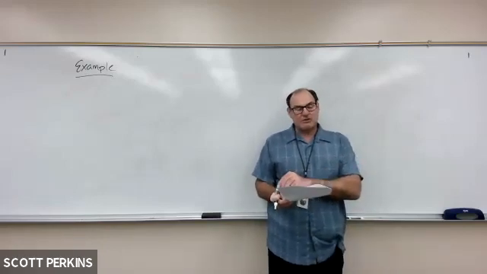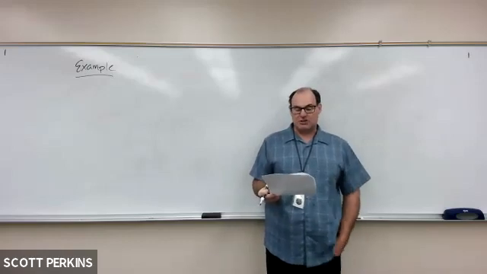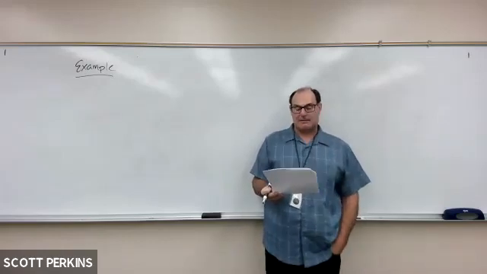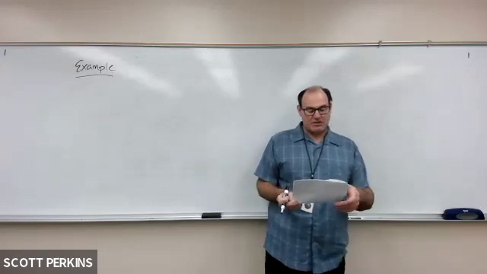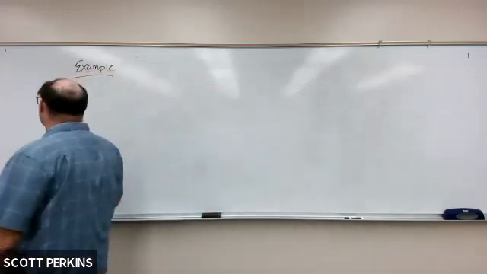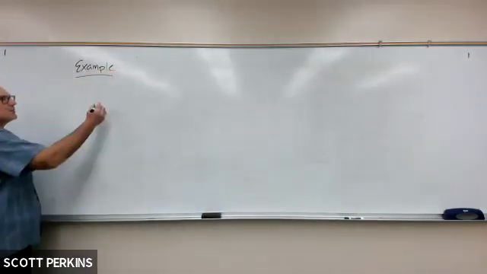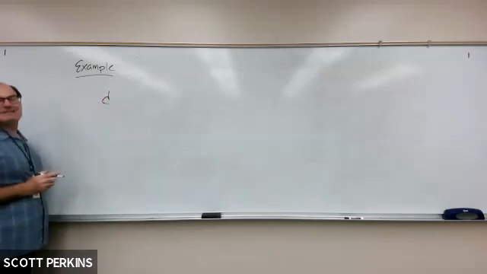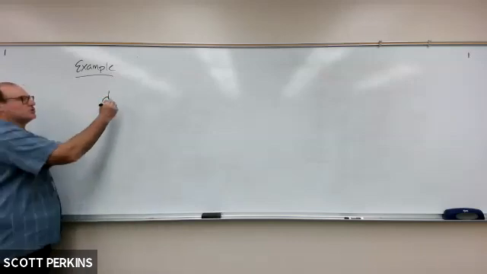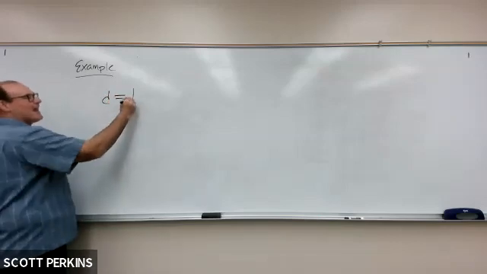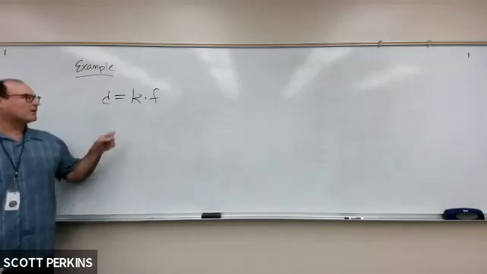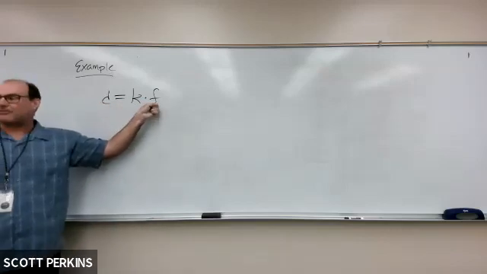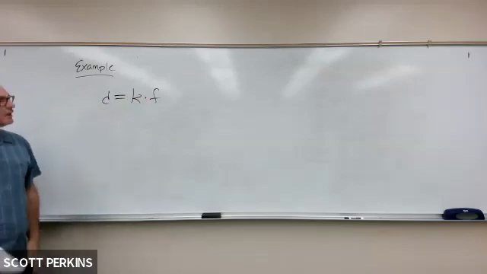So the first thing I have to do is define the mathematical relationship. So I'm going to read that first sentence again. It says, for an elastic spring, the distance the spring stretches is directly proportional to the force. So the distance, and we're given the letter D, the distance is directly proportional. So the distance equals K times the force, F. We are given the variables D and F. That's what we're told in the problem, just so we're all using the same letters.